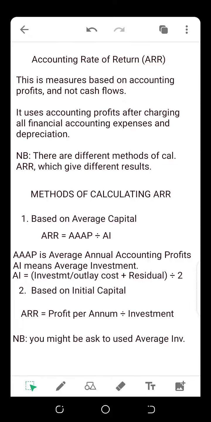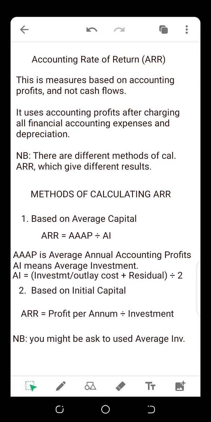Good day, students. Today we shall be looking at the second part of the traditional method of capital budgeting or appraisal.